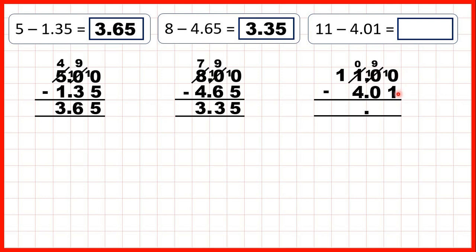Now 10 minus 1 is 9, 9 minus 0 is 9, we can't do 0 minus 4, so go to the left, 1 less, 1 in front, 10 minus 4 is 6, and 0 minus nothing is 0. So that gives us our answer 6.99.